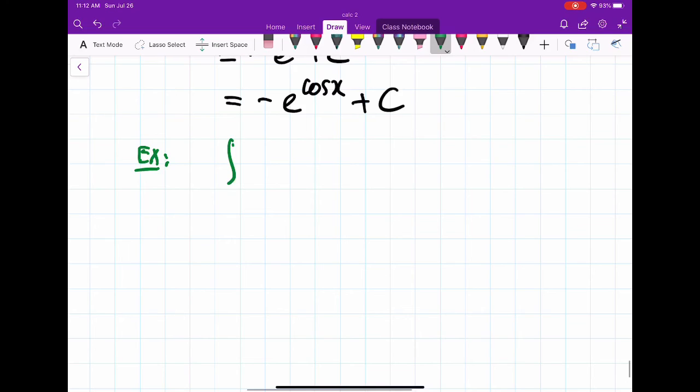Let's find the following definite integral: e^x over 1 plus e^x dx, integral from 0 to 1. All right, so again we need to do substitution. But how to do substitution in this situation?